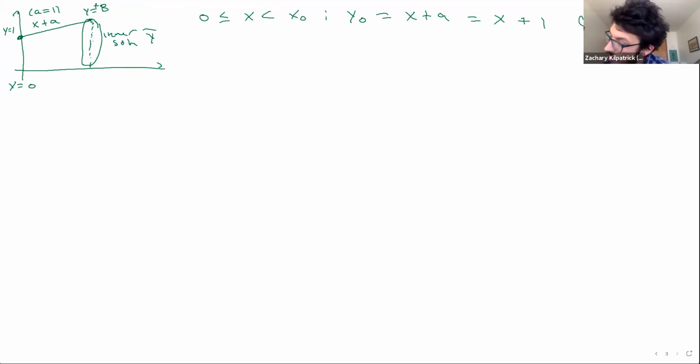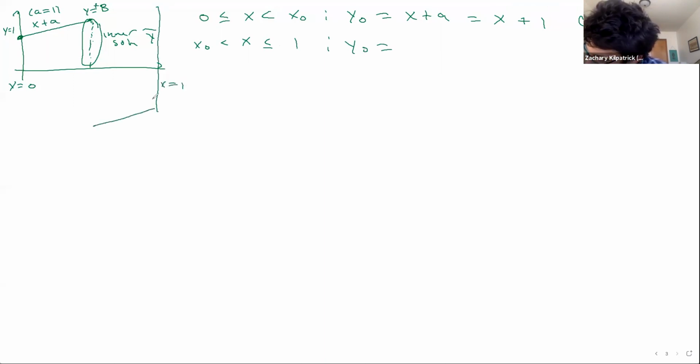And then on the other region, I'm going to have that y0 is equal to what? Well, we're going to come down here, right? Here's x equals 1. And I have my linear function here, but it needs to hit y of 1 equals minus 1.